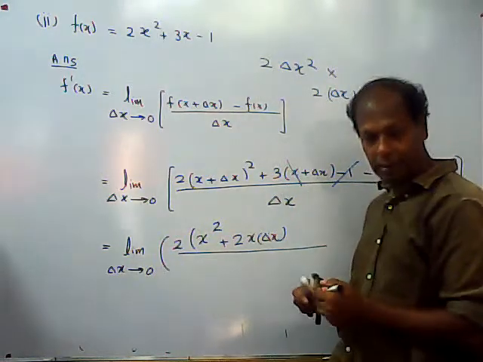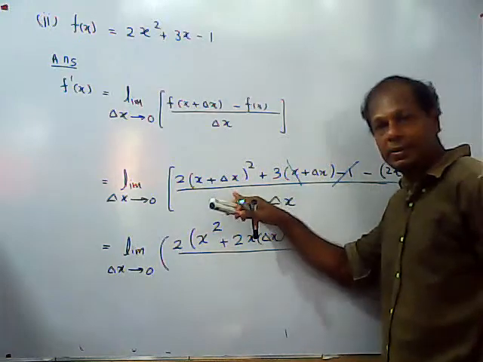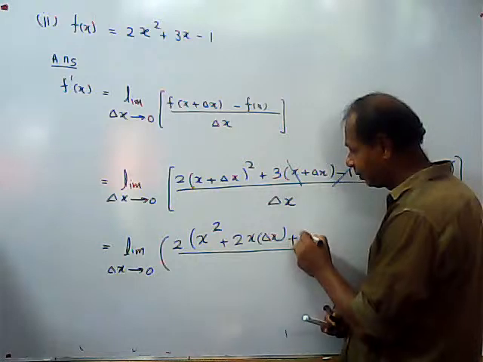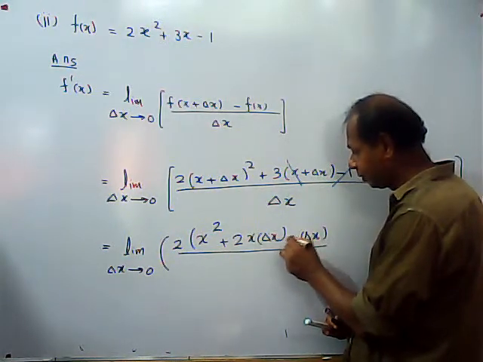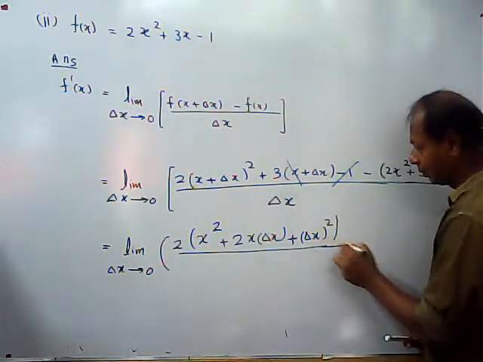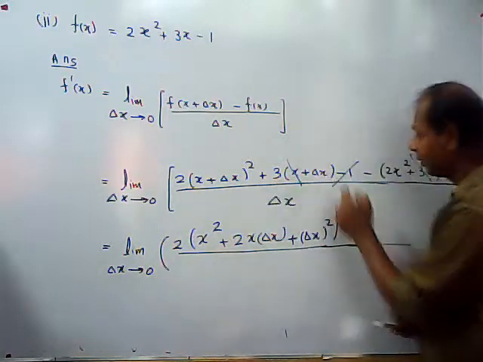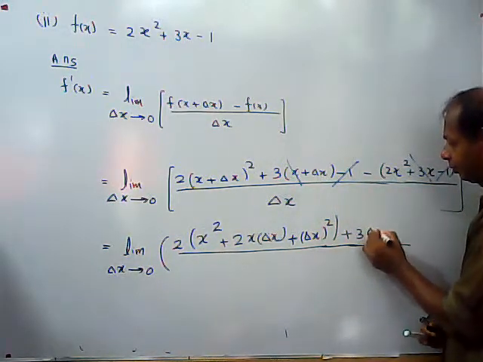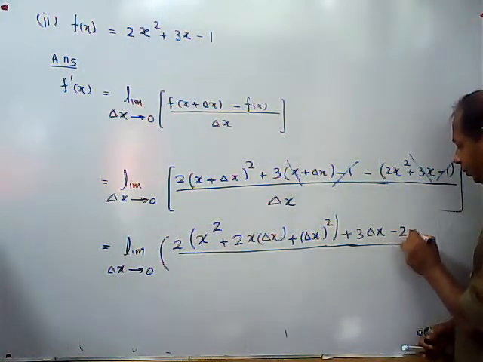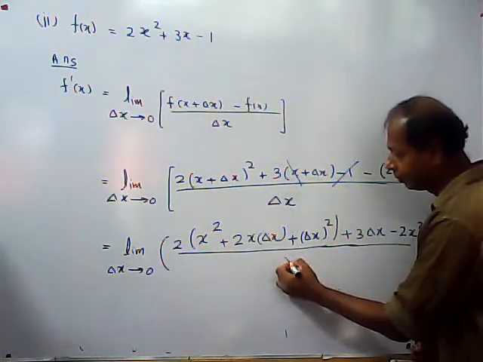And the next term of the expansion is the square of delta x, so it is delta x squared. That's what I get expanding this. So the remaining 3 delta x minus 2x squared, divided by delta x.